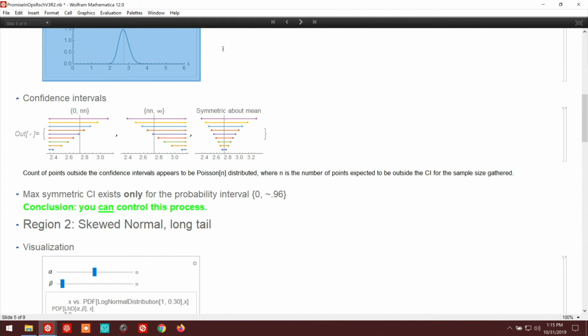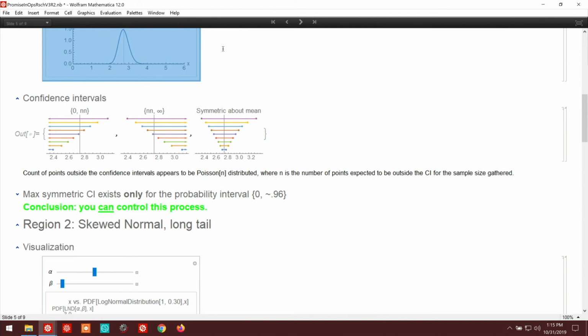Sorry. So we have three confidence intervals. One goes from 0 to a natural number, one goes from a natural number to infinity, and the other is symmetric about means.